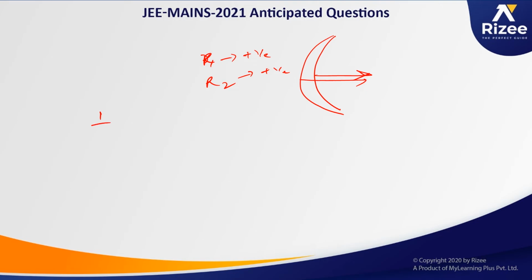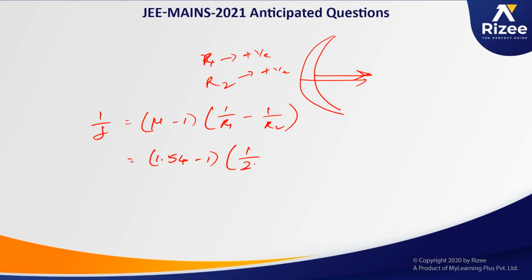Then the focal length according to the lens maker's formula is 1 by f equals mu minus 1 into 1 by R1 minus 1 by R2, which is 1.54 minus 1 into 1 by 20 minus 1 by 40. Solving this, 0.54 by 40, so the focal length is plus 74 centimeters.